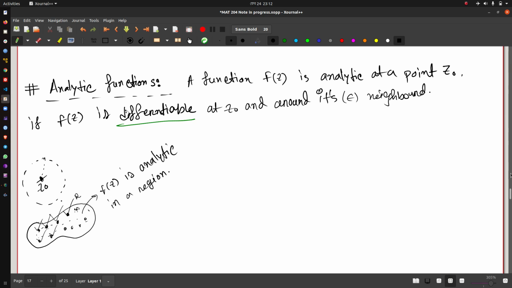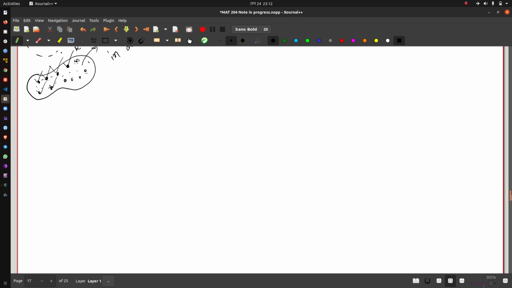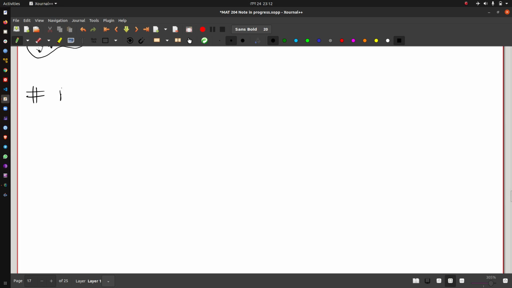So let us see an example. That is a very dramatic example. This says that you have f of z that has a real part (x plus alpha y) whole square plus 2i, that means the imaginary part, as x minus alpha y.